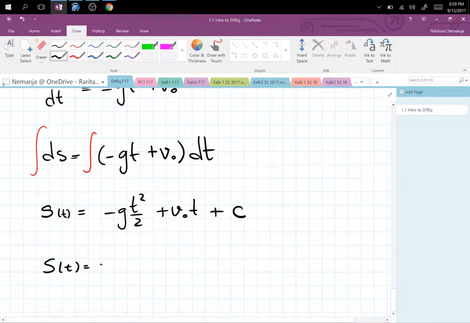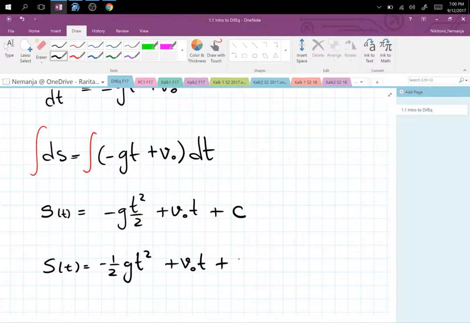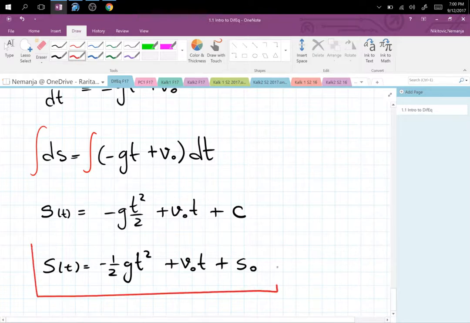S of t is equal to negative 1/2 g t squared plus V0 t plus c. At the beginning of time, when t is 0, these two terms die, and c is equal to what? S0, yes, initial position. You know this equation as well.